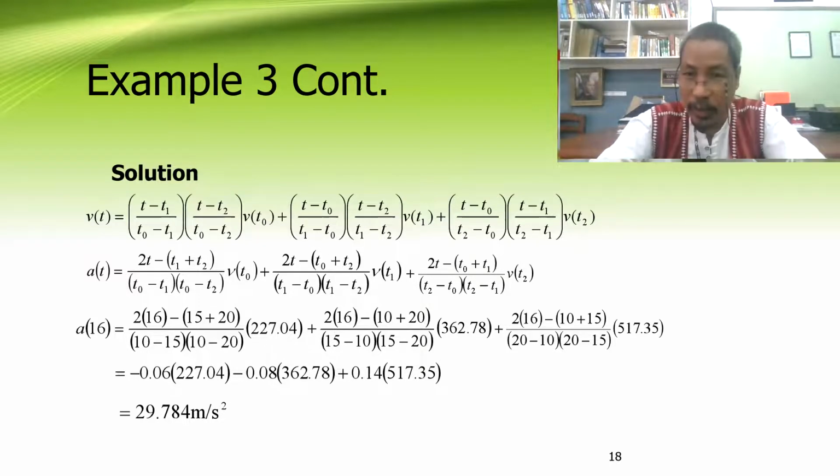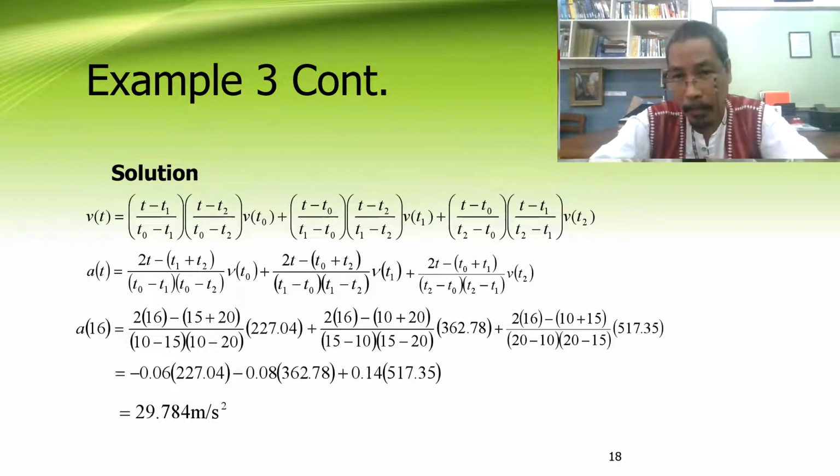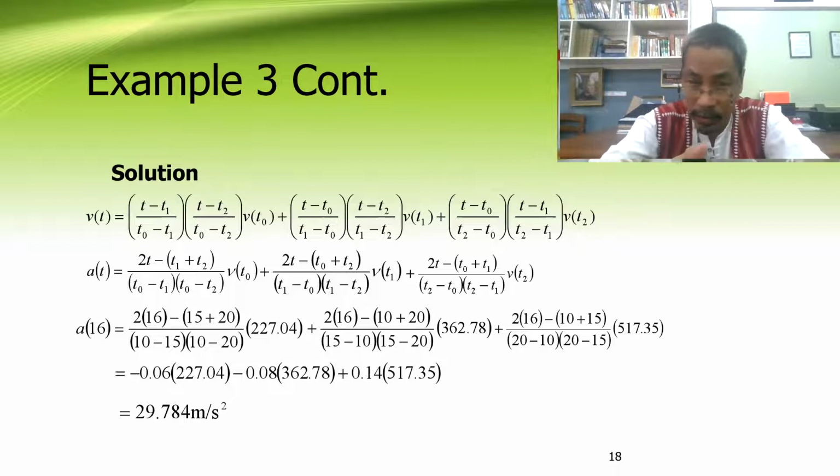Representation. We will represent the velocity function using second order, but we don't need to take the derivative more than once, because the derivative of velocity is acceleration. The second order Lagrangian representation is this one. This is already second order.